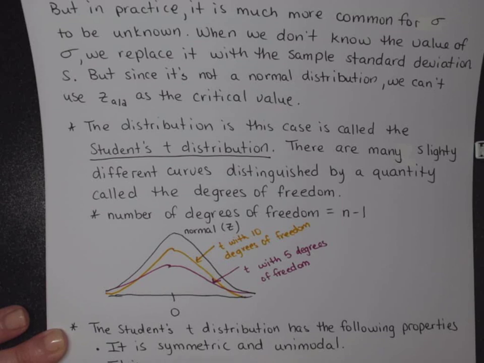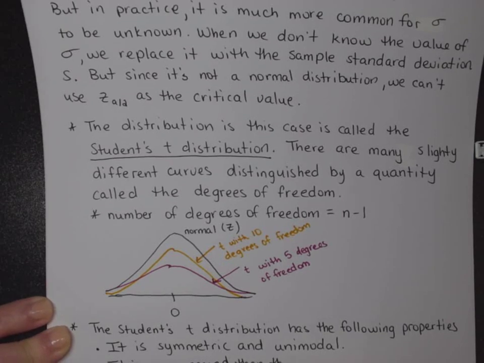Any student T distribution is going to be more spread out than a normal distribution. In other words, it gets shorter and squattier, but also wider.